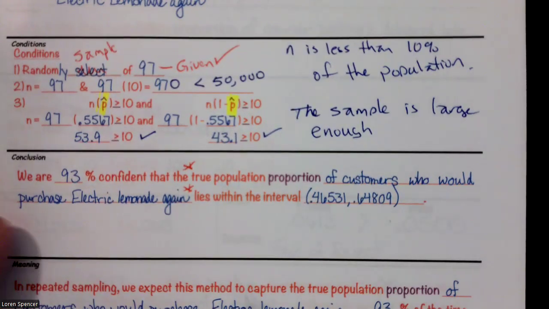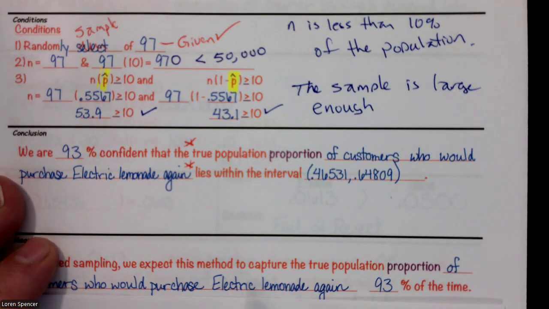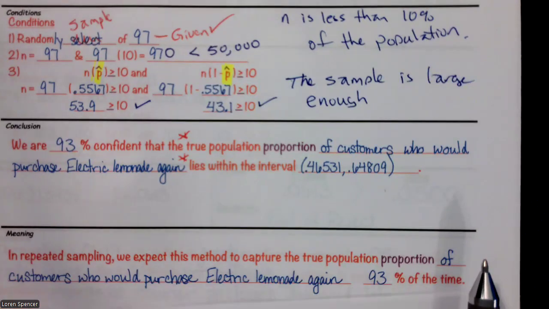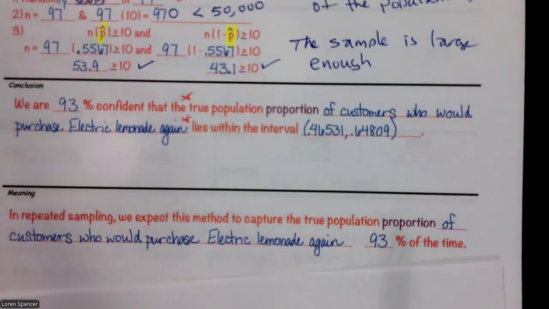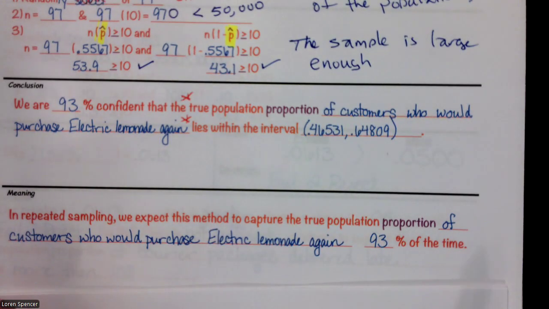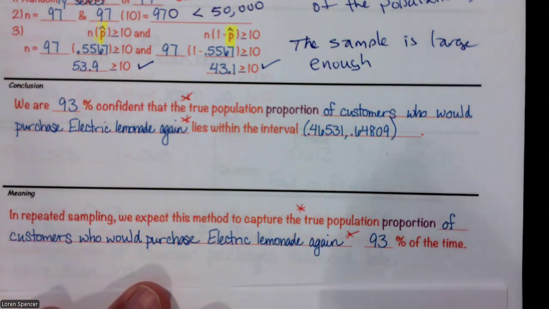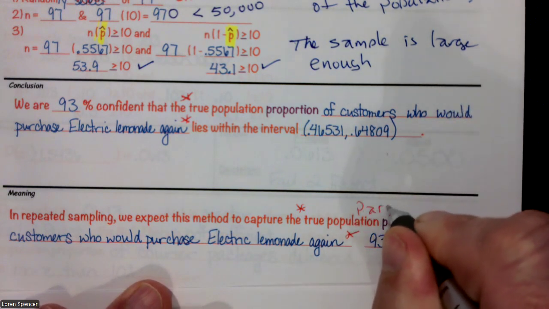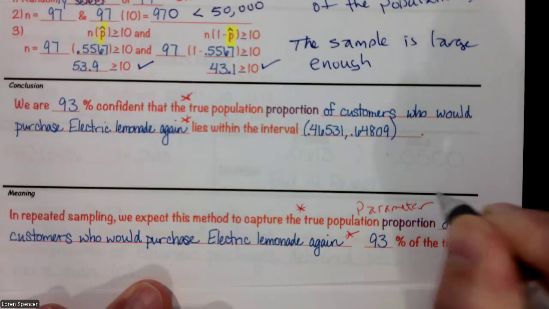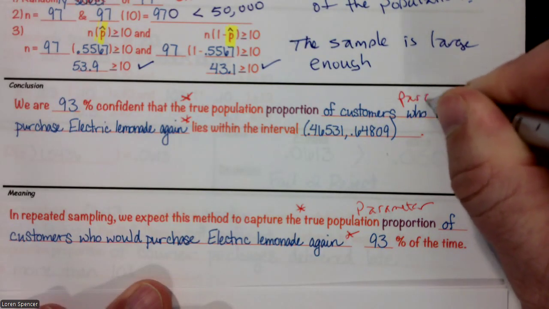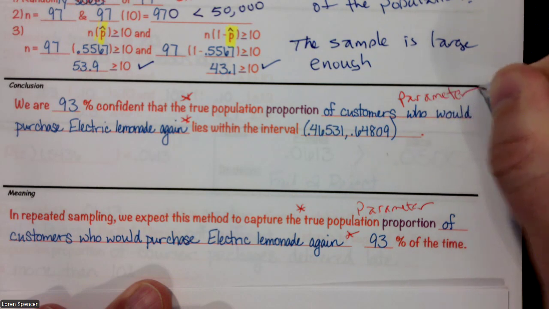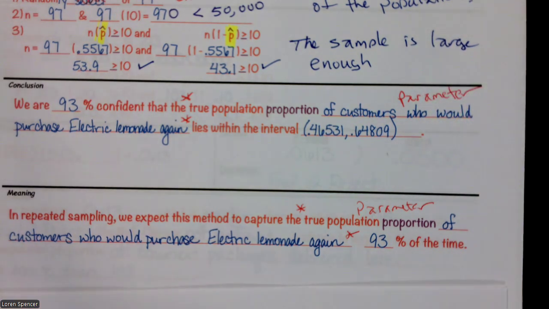In repeated sampling, we expect this method to capture the true population proportion of customers who would purchase electric lemonade again 93% of the time. In both cases, this is my parameter. So please always take time to write a good parameter because we use it over and over again in our conclusions. It gives the right context and gets you full credit.